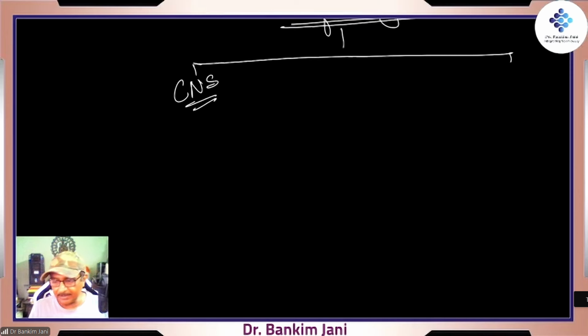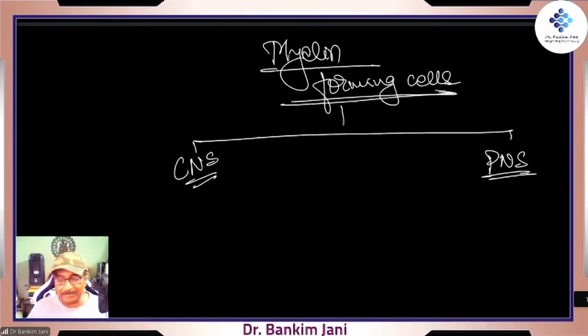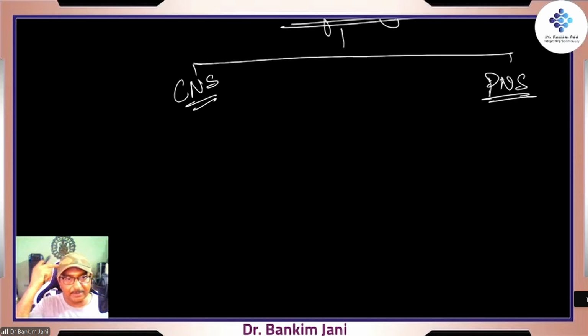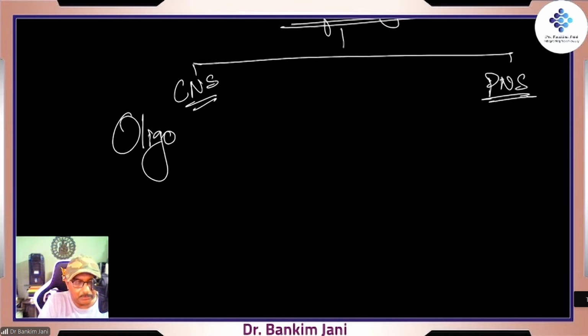So CNS, and the second one is what is called the PNS. PNS is the peripheral nervous system, that is when we have got all those nerves, right? End nerves, peripheral nerves. The myelin forming cells in case of the central nervous system are called the oligodendrocytes. Oligodendrocytes.